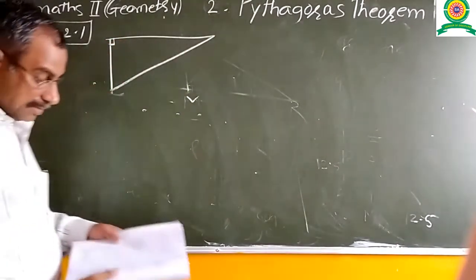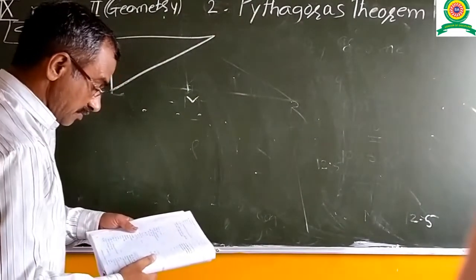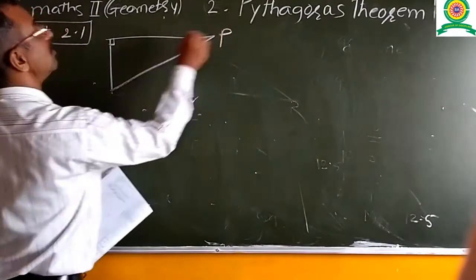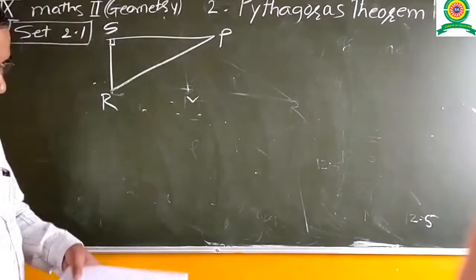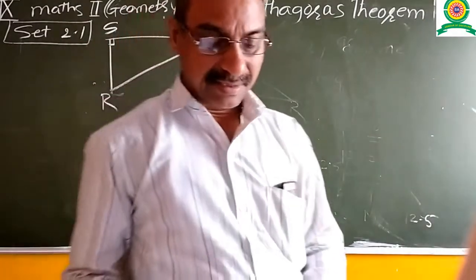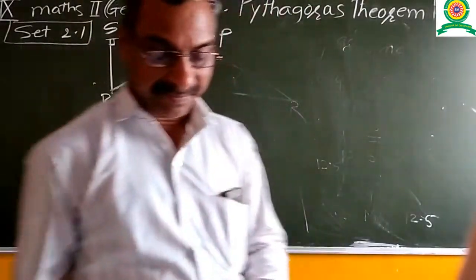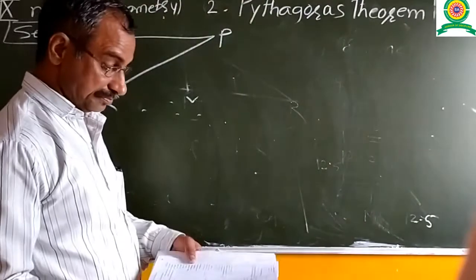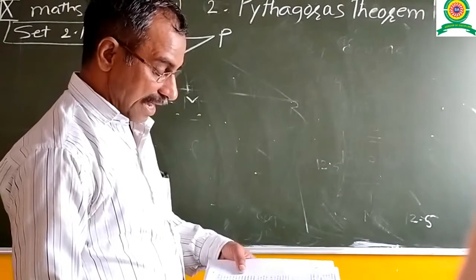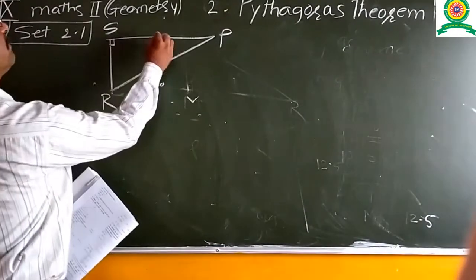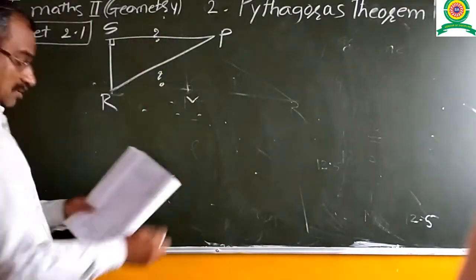Right angle triangle PSR. Then I will read the question. In the figure, find RP and PS also, both sides.